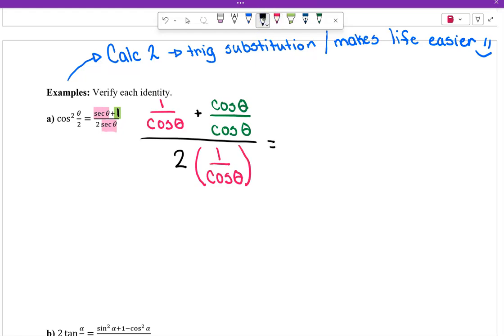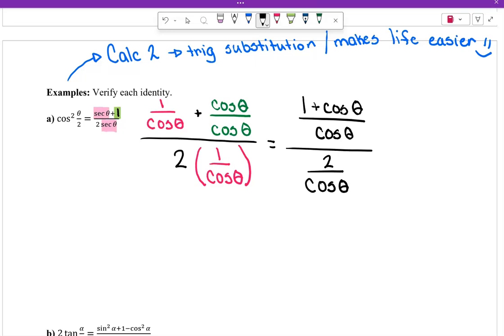So that means we get 1 plus cosine of theta over cosine, all over 2 times cosine. Because of the way this one's set up, I'm going to multiply by the reciprocal and just show that.